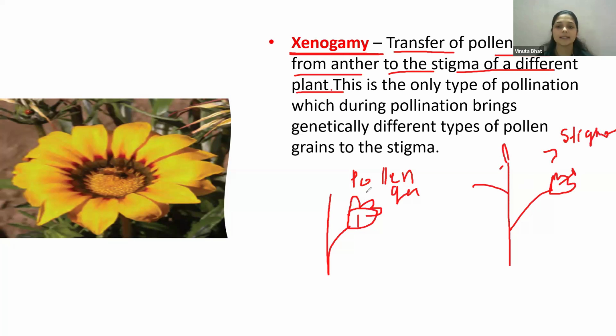The pollen grains transfer to the stigma of another flower of another plant, not the same plant. If it were the same plant, it would be geitonogamy, right? But here the pollen grains transfer to the stigma of a different flower of a different plant. That is called xenogamy.